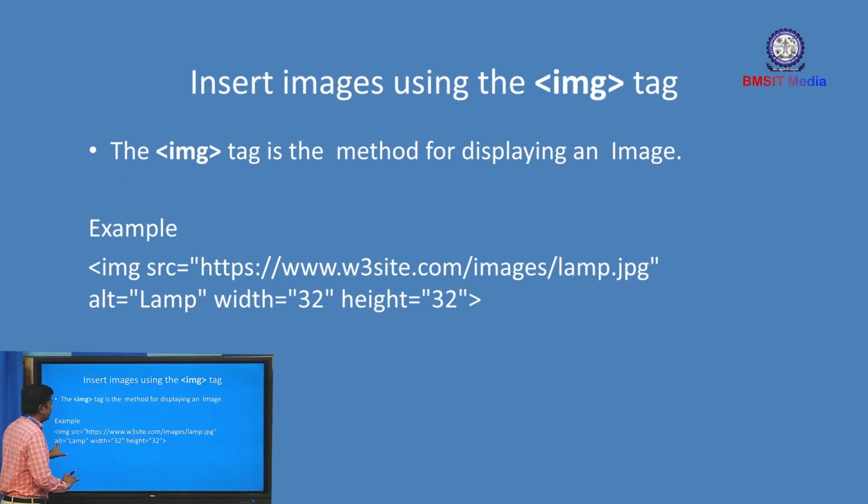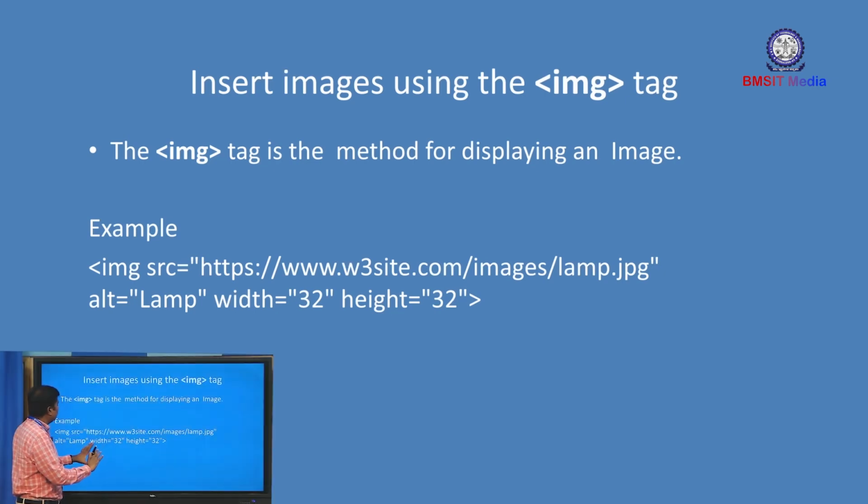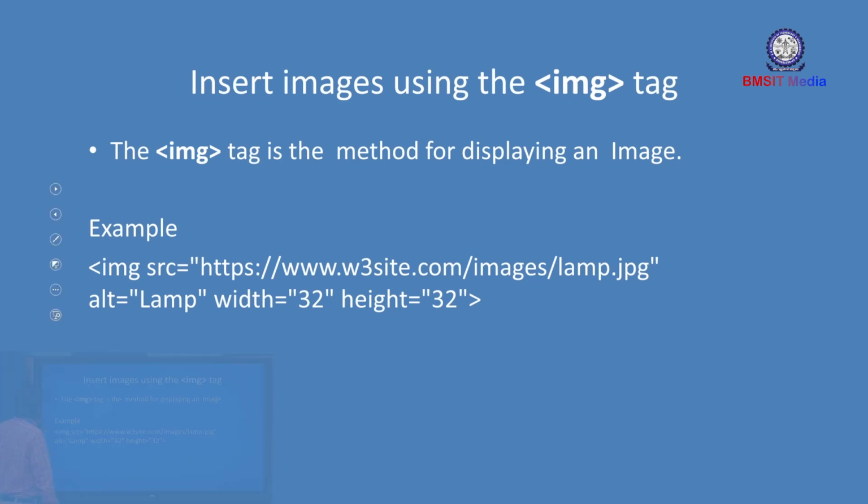That is the ALT, alternate text. How much width is the given image? 32. Height is also 32. This is how the images are shown.